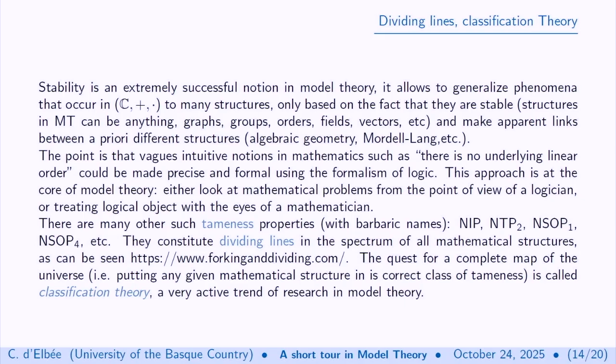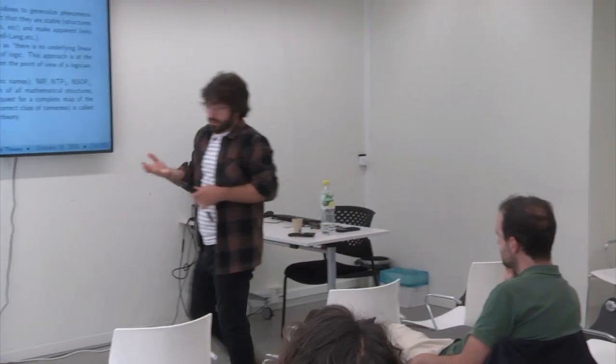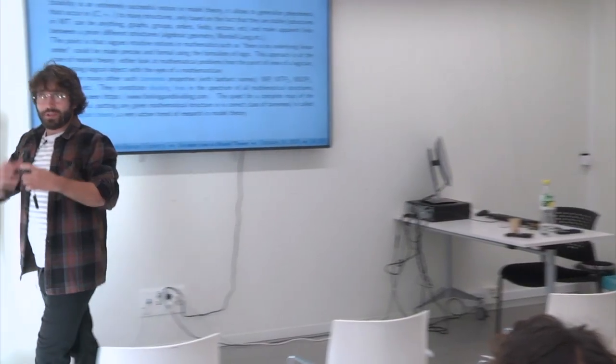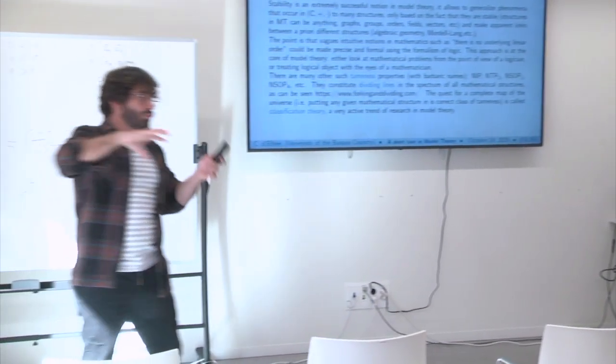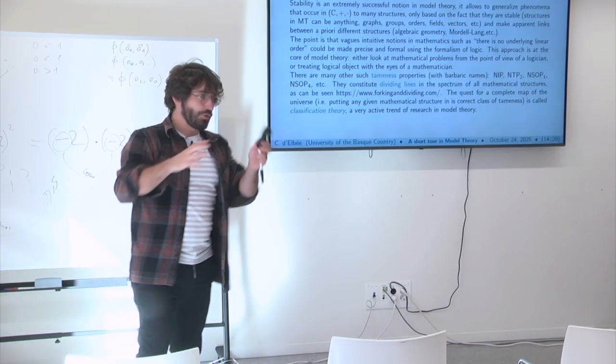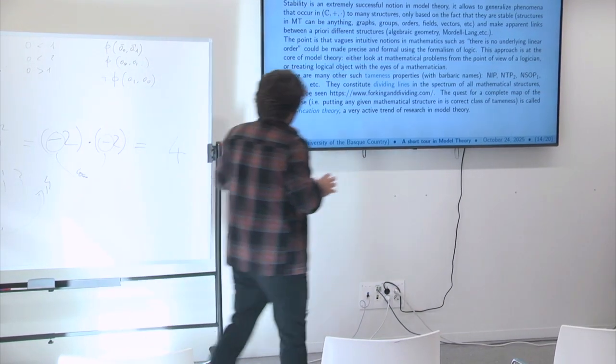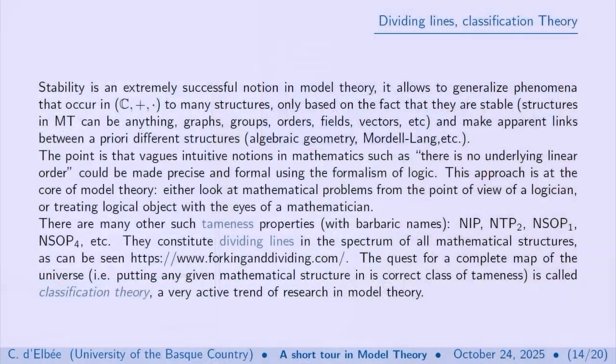You can really take any quantifiable phenomenon in the world, and surely you'll be able to modelize it with a structure. And these properties are properties of languages and formulas, so they apply to graphs and groups and all these different things.